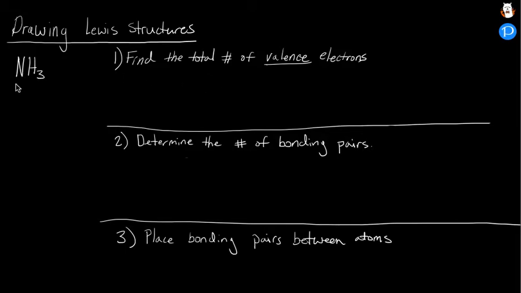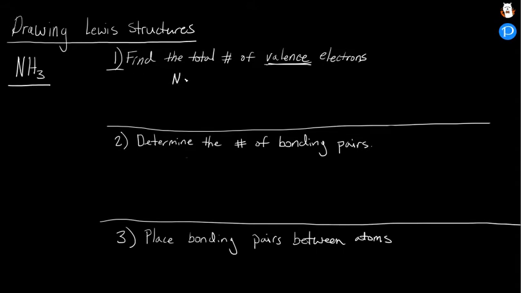So let's draw the Lewis structure for a real simple one, NH3. The first step in doing these Lewis structures is to find the total number of valence electrons for the whole thing. So it's like we're counting up how many valence electrons in total for 1 nitrogen and 3 hydrogens. Here's how I'm going to do that.